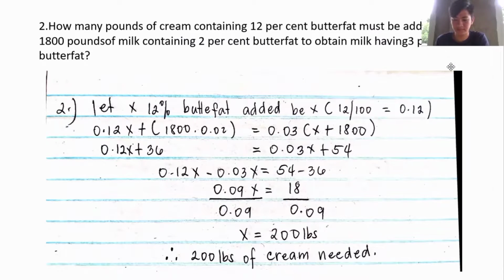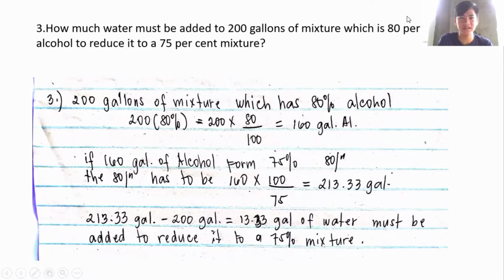Number 3. How much water must be added to 200 gallons of mixture which is 80% alcohol to reduce it to a 75% mixture? 200 gallons of mixture has 80% alcohol: 200 times 80 over 100 equals 160 gallons of alcohol.